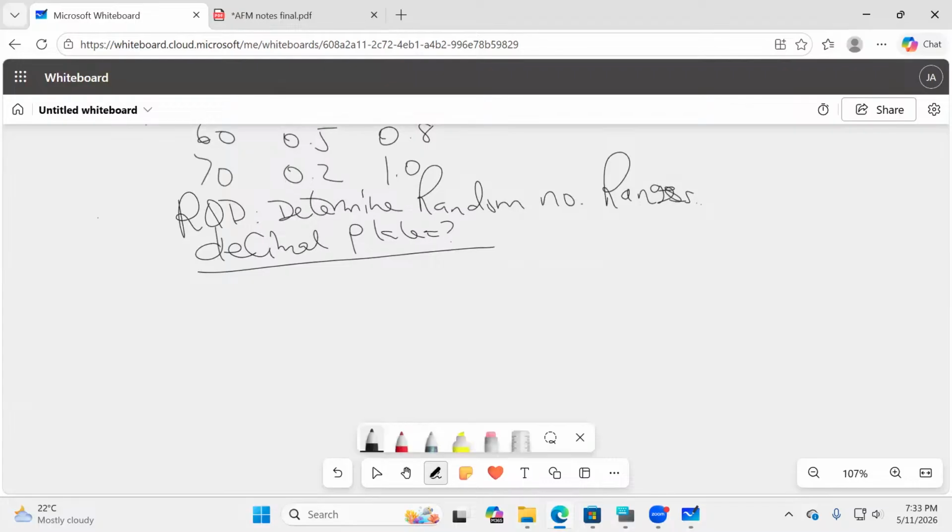With these decimal places, when you have one decimal place, you shall have one digit. This is how your random numbers will look like. It will be 0 all the way to 9. One digit. Number 0 all the way to the upper limit, which will be 9. For you to understand, what if we had two decimal places?